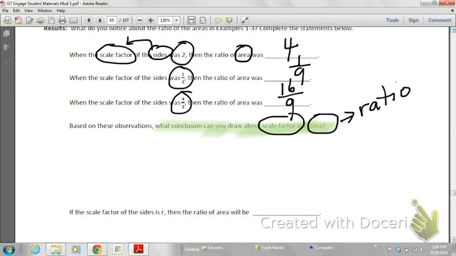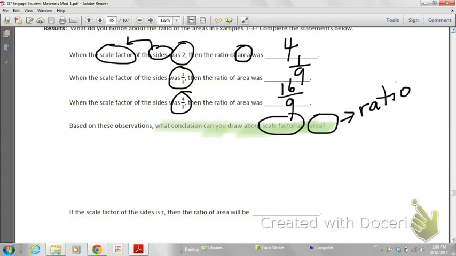It depends probably on your sophistication with math and with different concepts as to whether you saw this relationship or not. It's okay. Whatever you did is fine. But I'd like you to take a look at this as I show you.